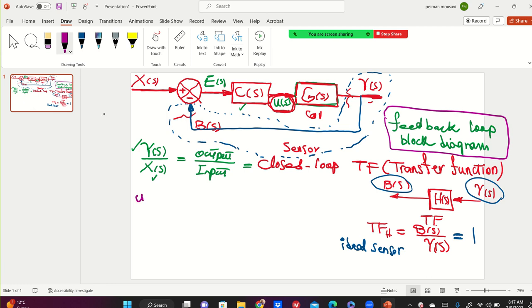This is the unity feedback block diagram, because here is unity, 1. So let me delete these.